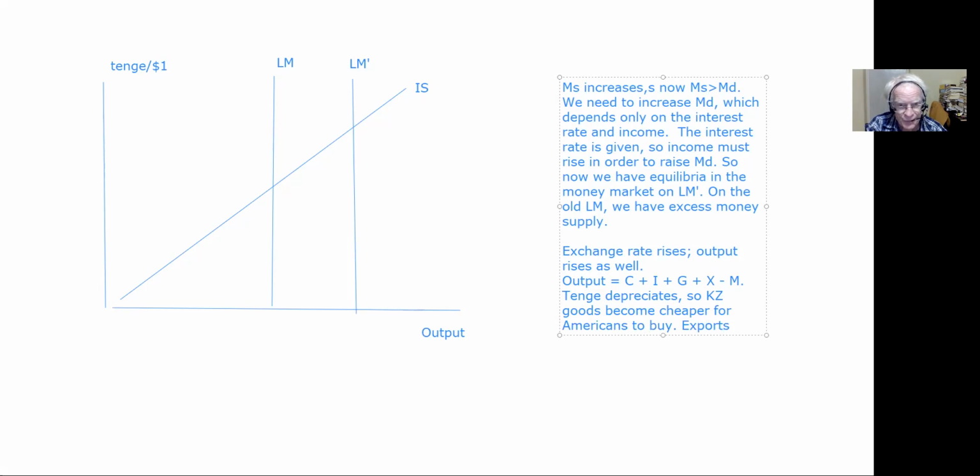So what happens to exports, that is exports from Kazakhstan? Exports decrease. Why?